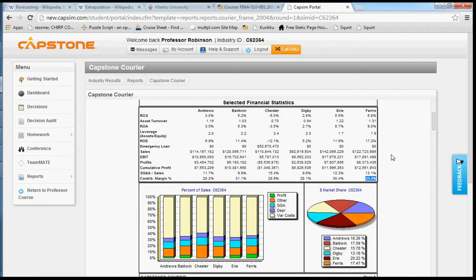So these key financial statistics are a great way for a manager of a business to assess where operational improvements might be made, and that's a great example of how financial analysis, even though it's strictly finance and not necessarily management, provides information that is vital to informing management decisions.